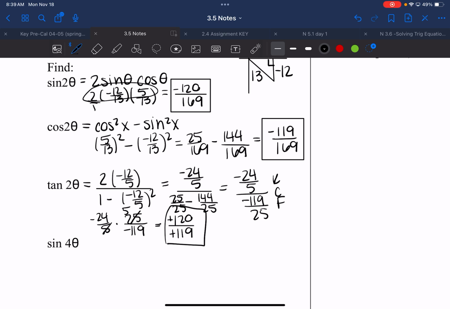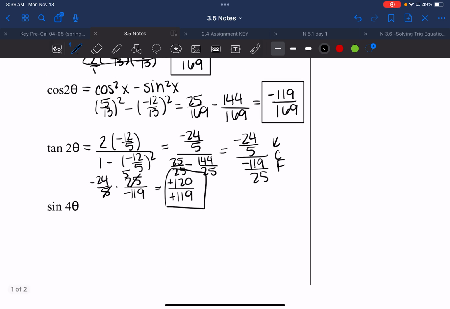All right, so for this last one, I've got sine of 4 theta. So this is pretty close to what we had here, right? But it has a 4 instead of a 2. So that must mean that I multiplied it by 2. So whatever we get, we need to multiply it by 2, okay?